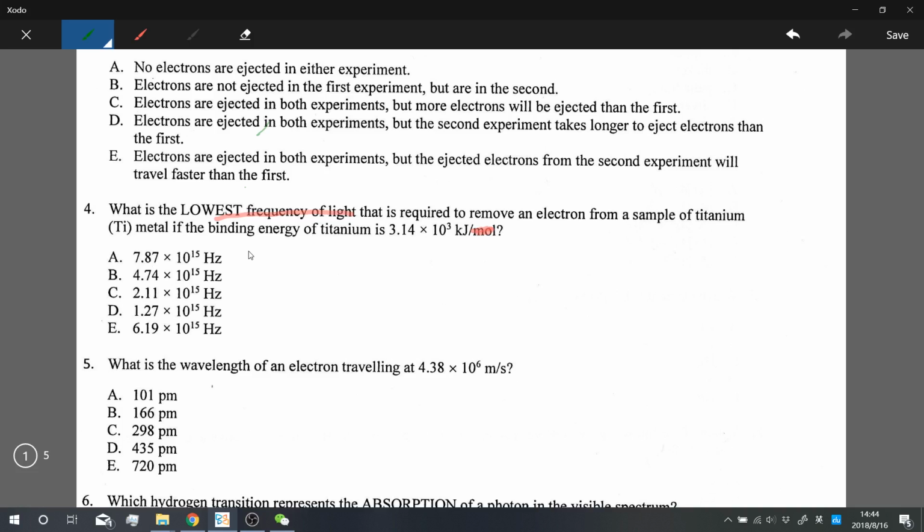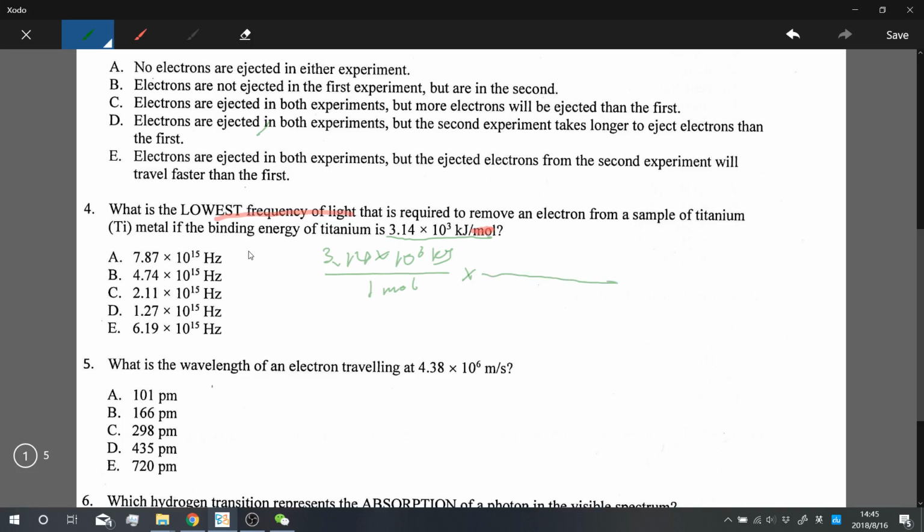So first, let's do a dimensional analysis for this particular data over here to make it more friendly for the upcoming manipulations. So it's 3.14 times 10 to the power 3 kilojoules over 1 mole. I'll do an American style dimensional analysis, which we want to convert to for each photon, since that's what we're going to calculate for the question.